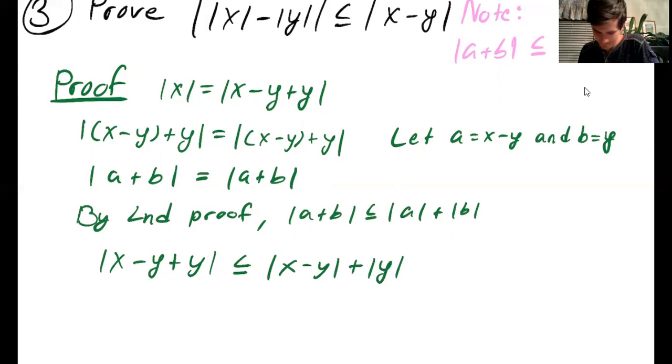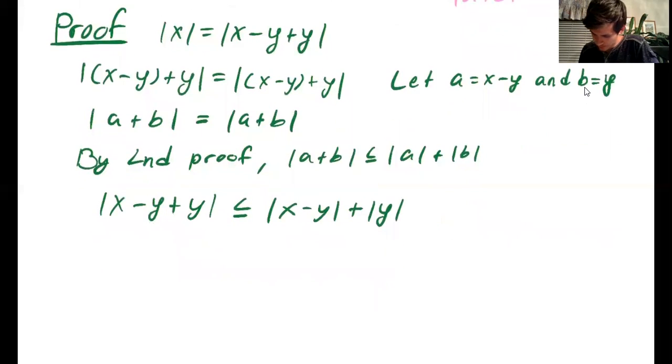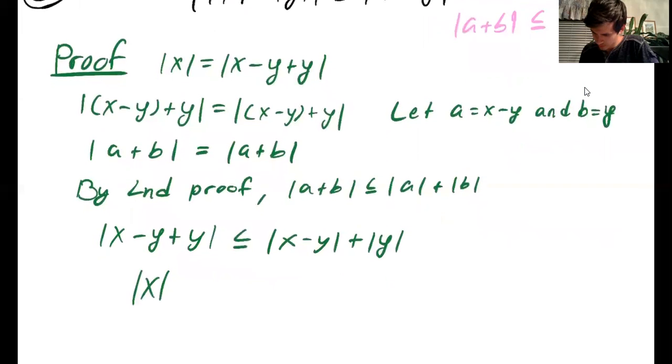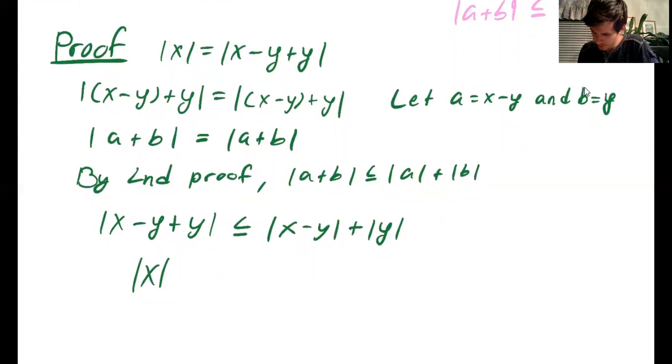Everything's substitution right now. And this is going to equal the absolute value of x. Notice that that comes from here. That's why I set that up here, because we're just taking out the y and the y. That's going to be less than or equal to the absolute value of x minus y plus the absolute value of y.